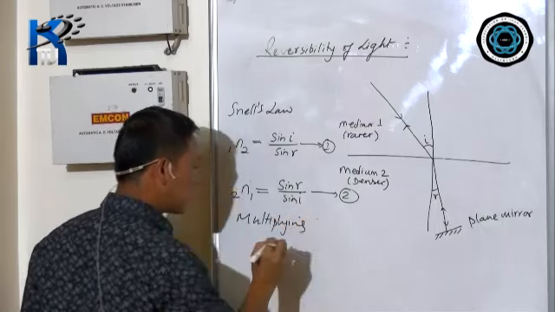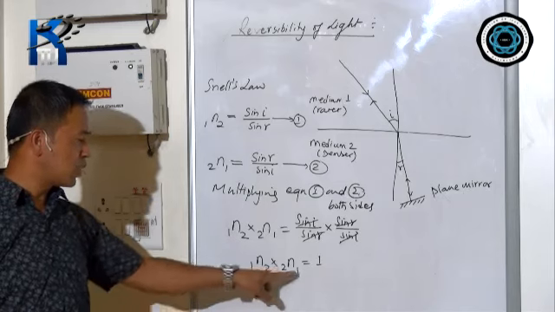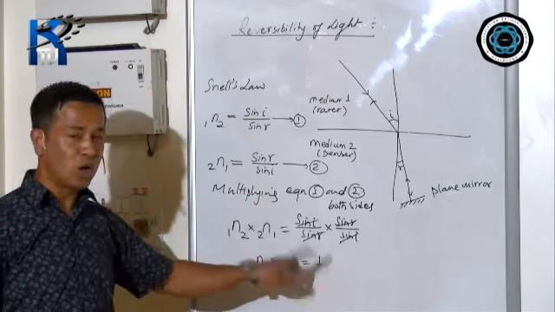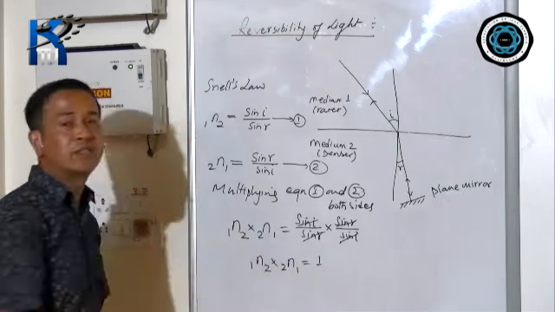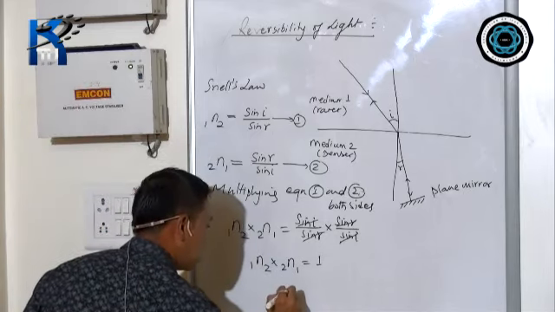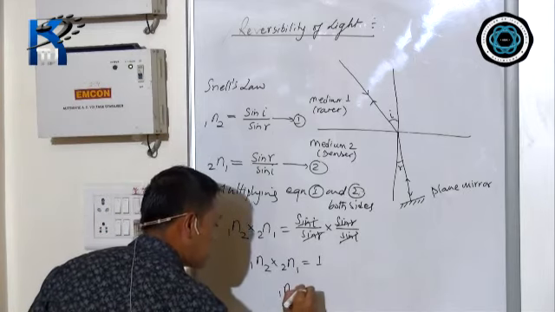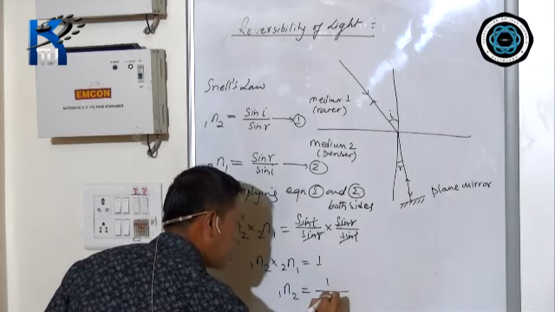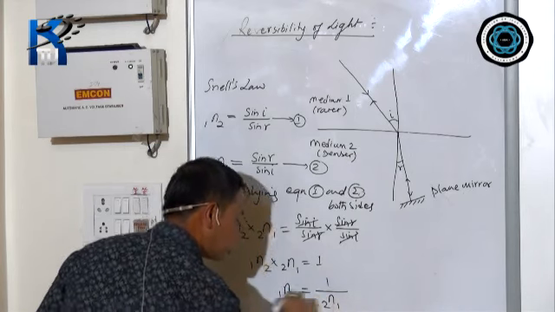You can see on the right hand side, sin r and sin r cancel out, and even sin i by sin i cancel out. So it's coming as the refractive index of 2 with respect to 1 times the refractive index of 1 with respect to 2 equals 1. But I can make any one the subject. Let me make the refractive index of 2 with respect to 1 the subject. It is equal to 1 by the refractive index of 1 with respect to 2.